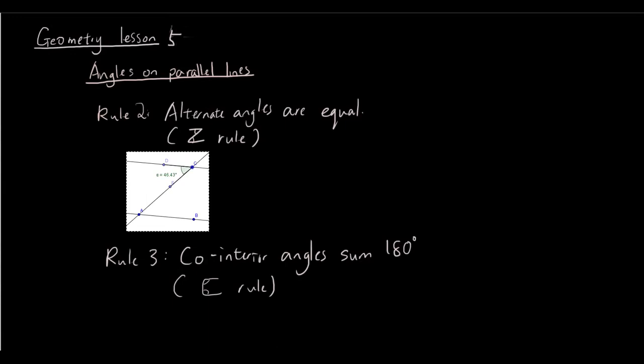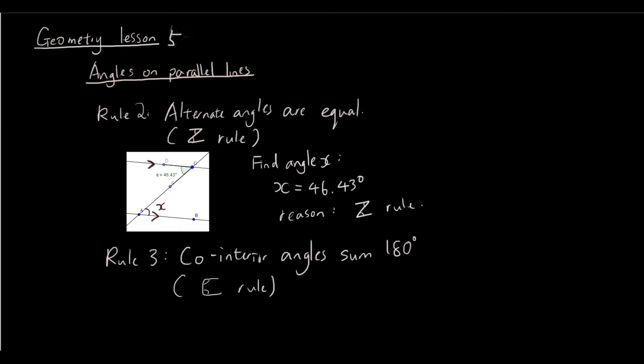I'm going to copy this here, and say that these two lines are parallel, and I'm going to name this angle X. The question is find angle X, and the answer is angle X is equal to 46.43 degrees, due to the reason that alternate angles are equal, or you can just say the Z rule.